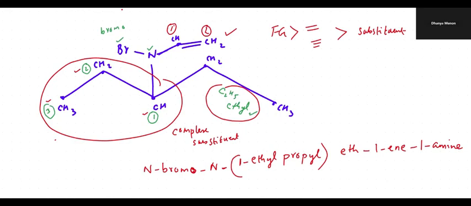Okay, I hope I'm clear. So here we preferred this as our long chain because here there is a double bond and we looked at the preference. I hope I'm clear here. Right. Now, moving on further.